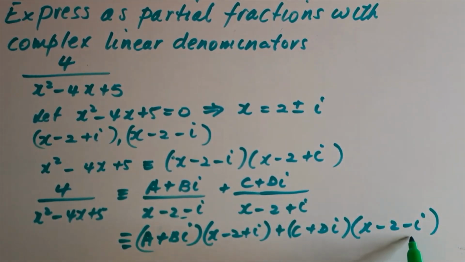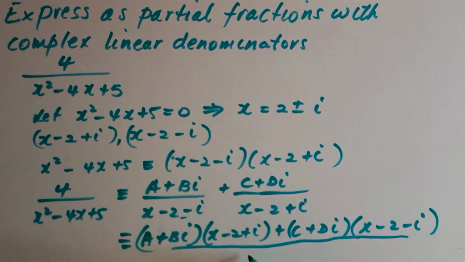And the denominator of all of this is x squared minus 4x add 5.